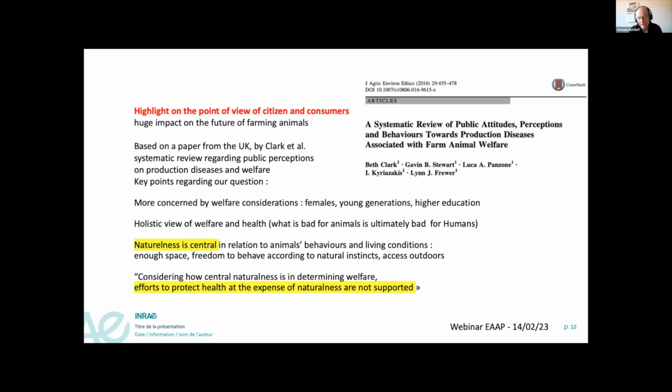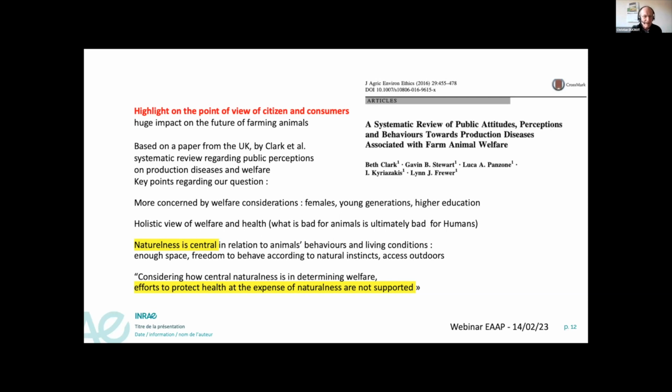For them, what is bad for animals is ultimately bad for humans. So I come to the main point from that study that concerns what we're talking about today, which is the question of naturalness. For citizens and consumers, naturalness is central in the relation to animals' behaviors and living conditions.